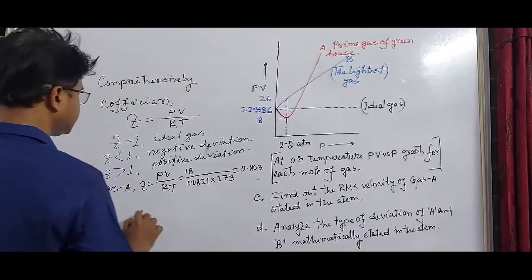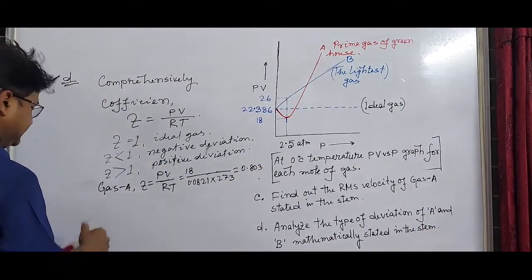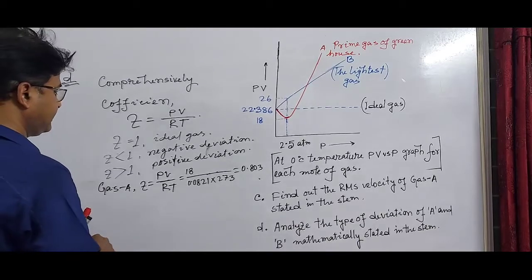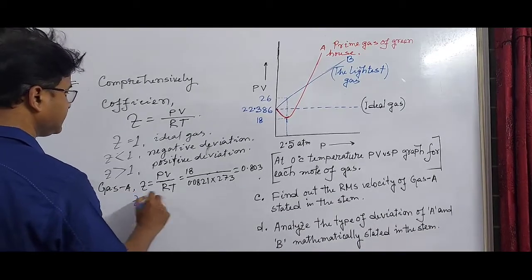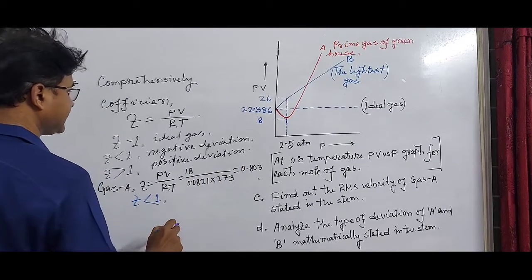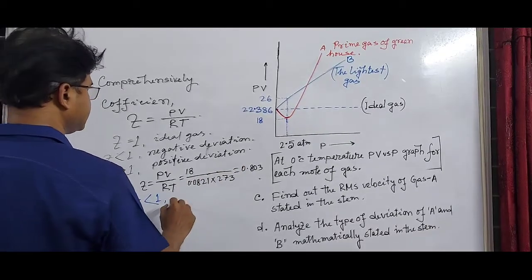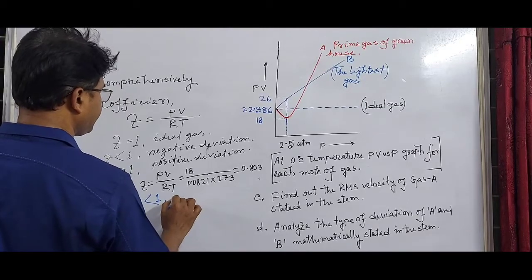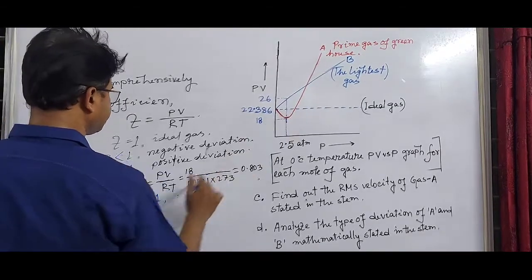Learners, I can understand easily here that the value of Z is less than 1. So in this case negative deviation takes place.